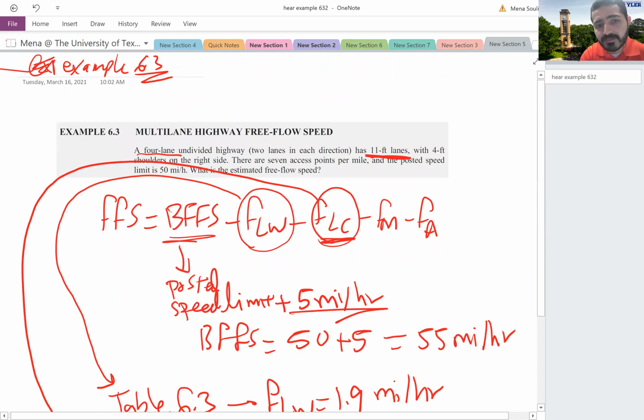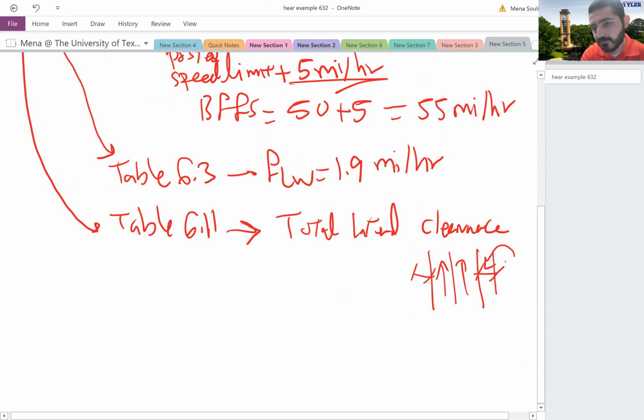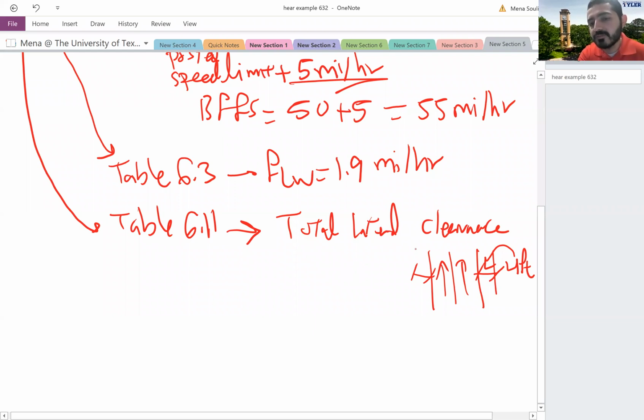From the right side, it's what's given to us already, which is 4 feet. From the left side, it's not given to us because it says that it's undivided. If it's undivided, by default, we need to have 6 feet between the two sides.